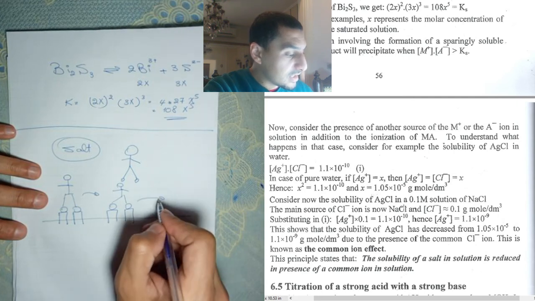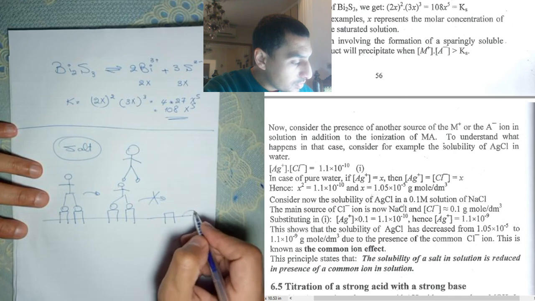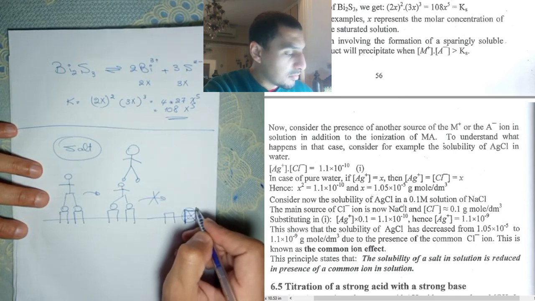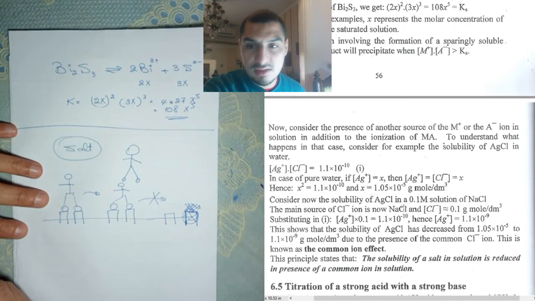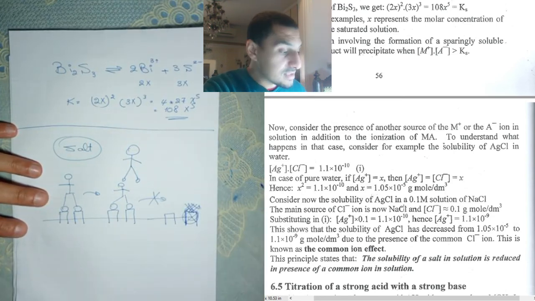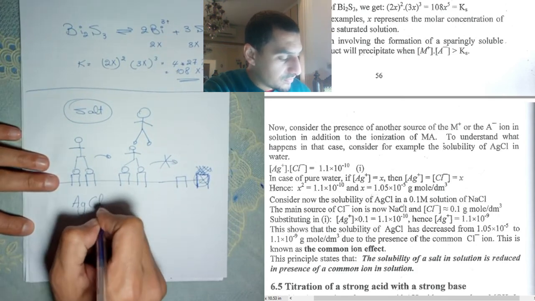in this case he cannot take this step. And he cannot take this step because the other part here is not present, or it is blocked. There is something that is there, so he cannot put his leg in here. And this is exactly what happens to the salt. For instance, I have the example of silver chloride.